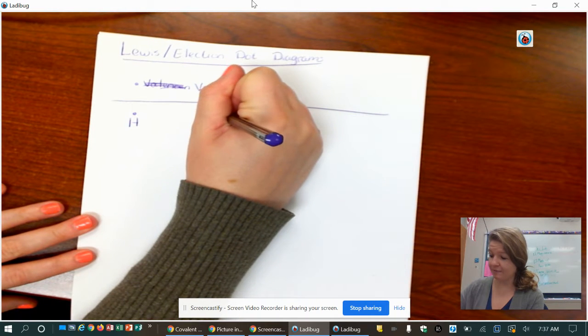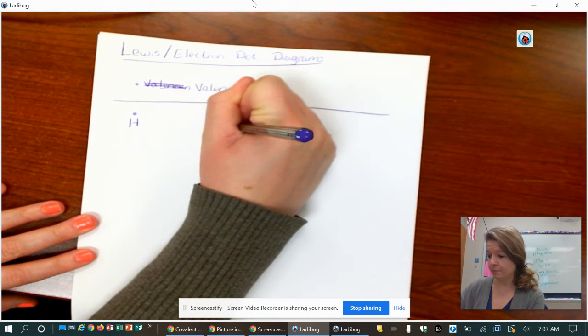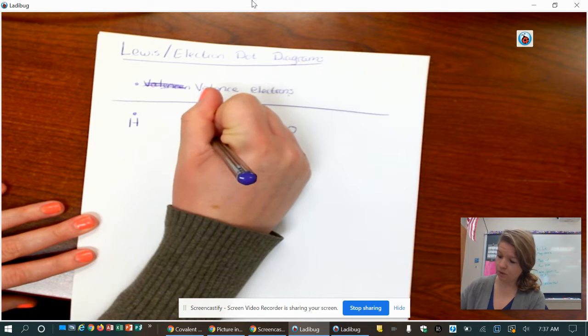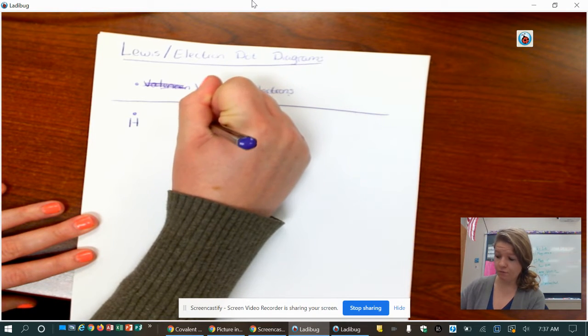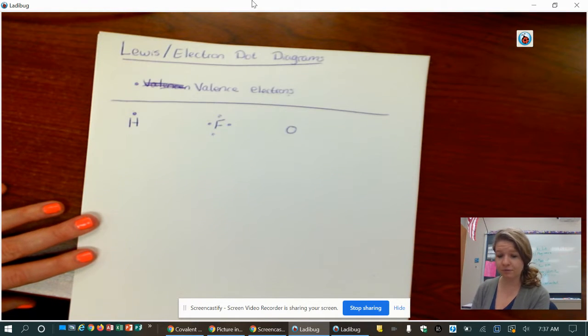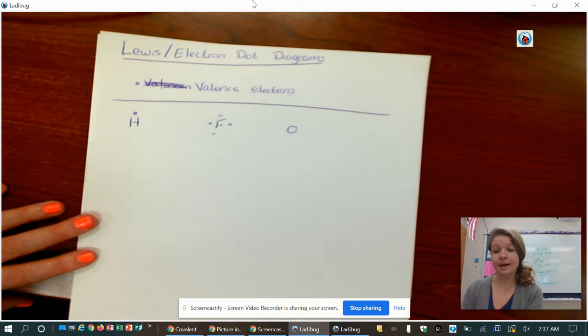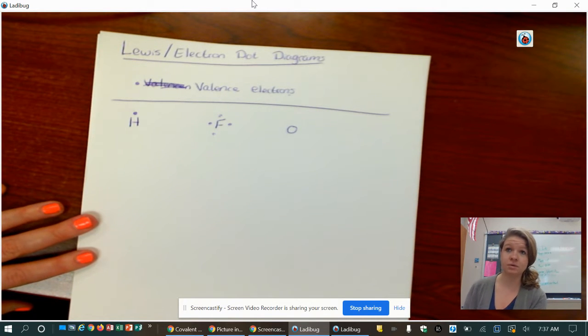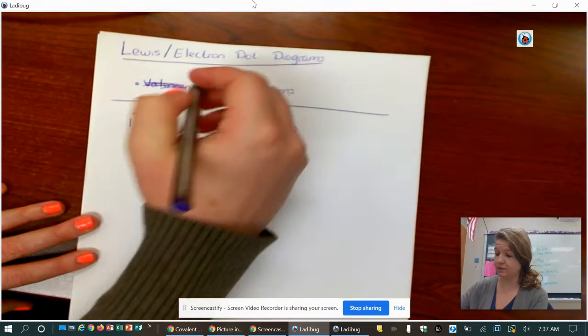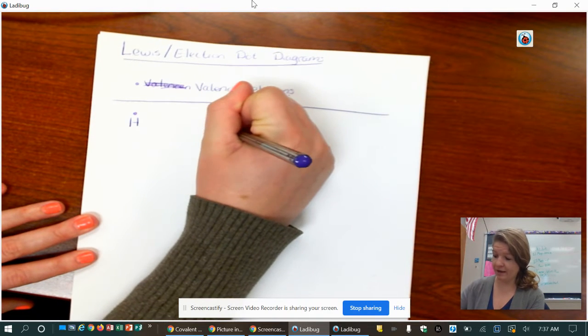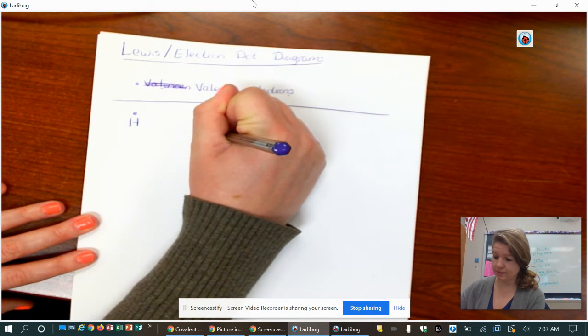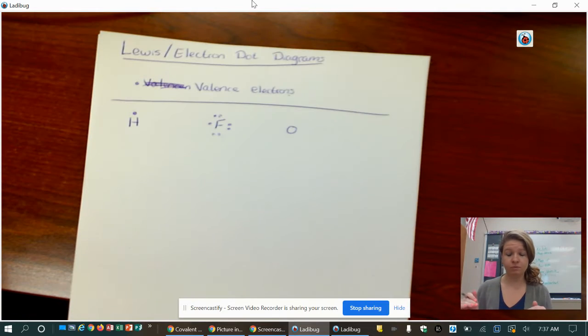So we know that we need 7. We go 1, 2, 3, 4. We built our house, so our fluorine is surrounded. Now we go back and put in those paired electrons. We have 5, 6, 7. Boom, fluorine is done. That's our electron dot diagram or Lewis structure for fluorine.